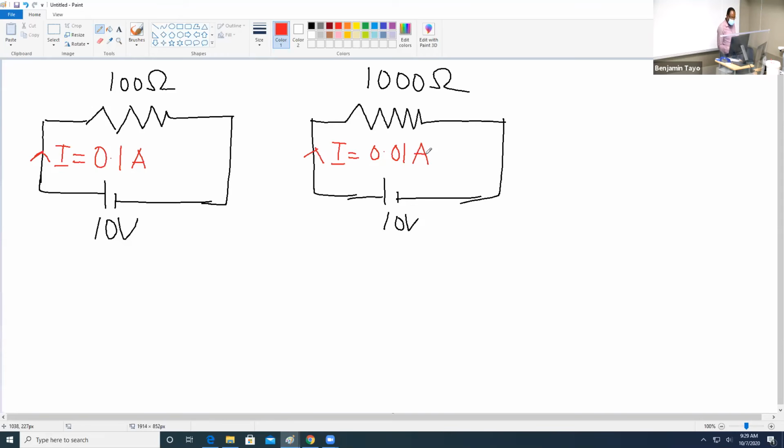So what does this mean? When I look inside this resistor, this is what I'm going to see.